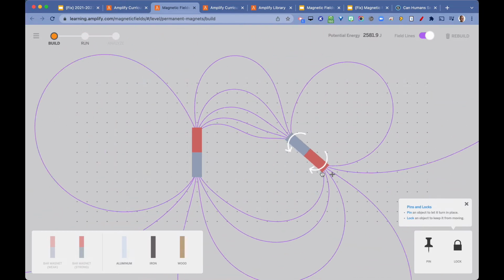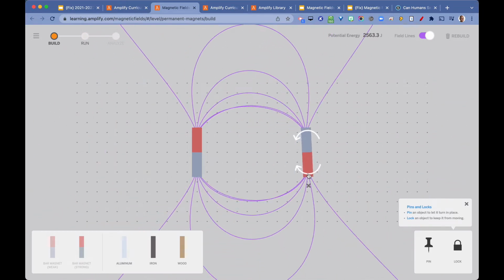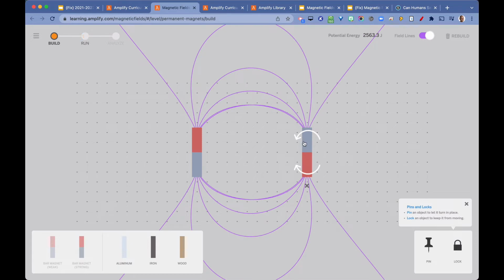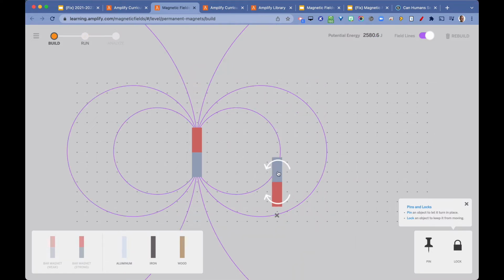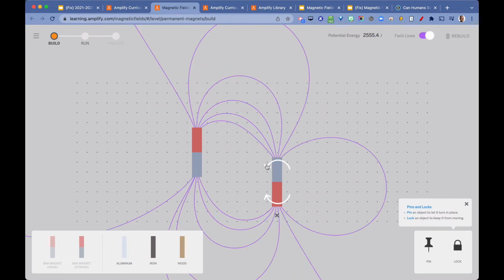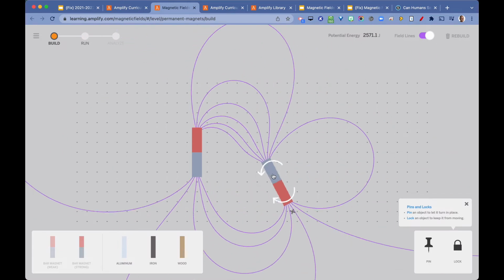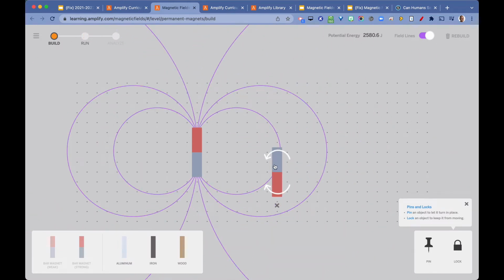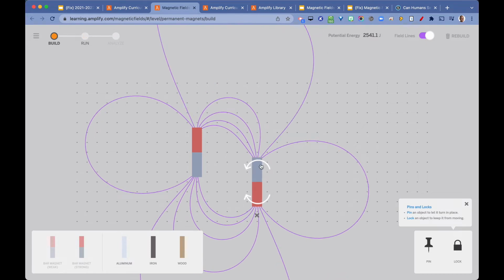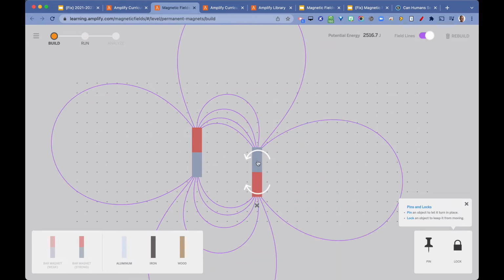They can also switch it so the opposites face each other, south-north and south-north. They can also see what happens when the magnets are misaligned, not lined up in a straight line or parallel to each other. Interesting things happen.